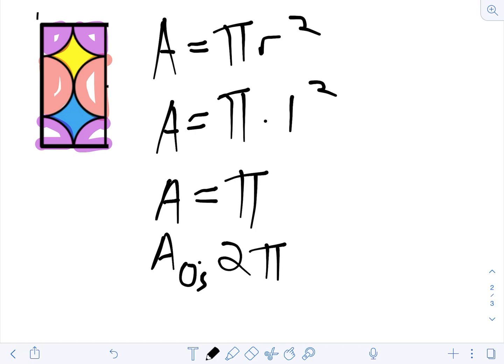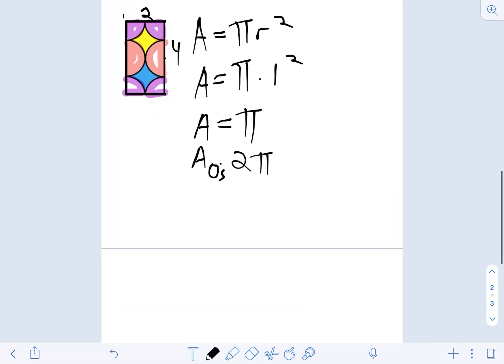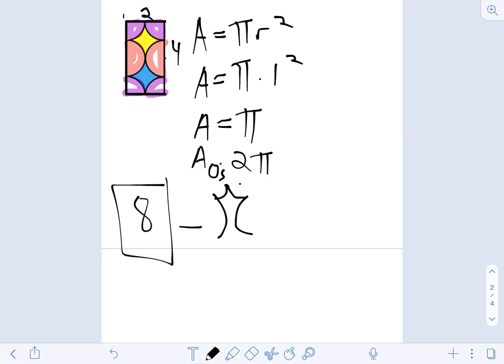To find both stars, I remember that this is 2 and that's 4, so the area of this whole box is 8. Take the area of the box, which is 8, and subtract all of the circle pieces from it.